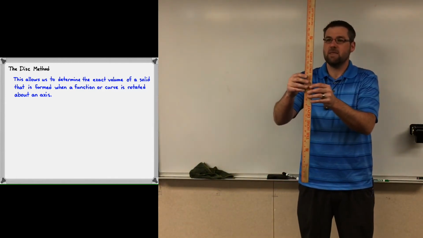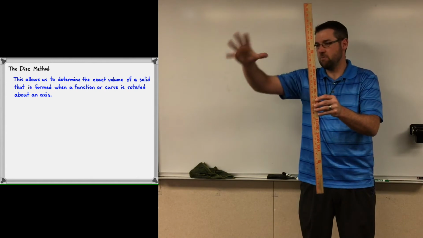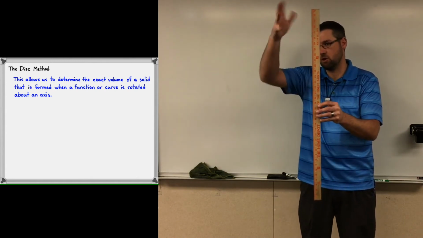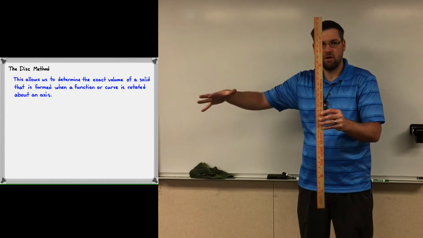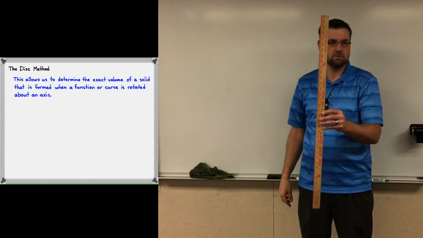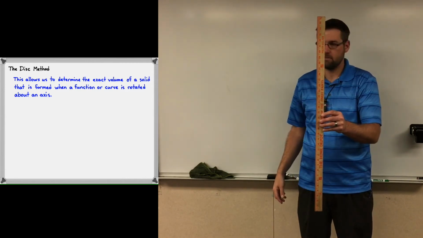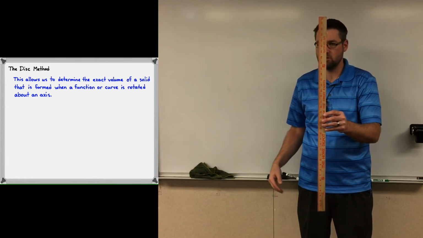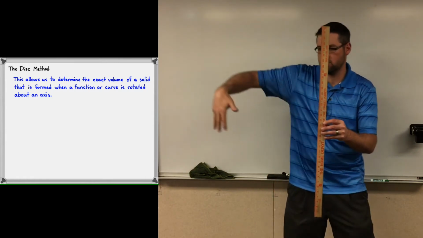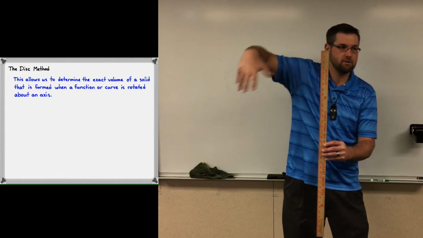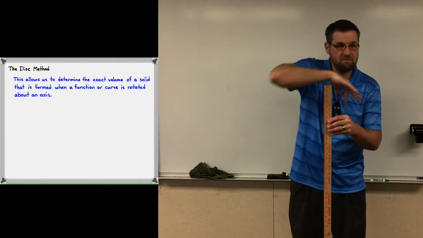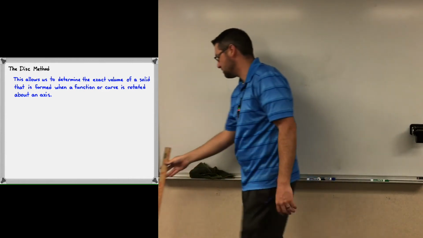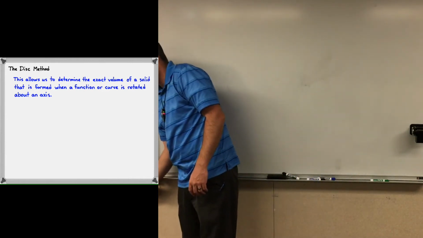And I have some shape over here, some function, some curve. And I revolve that curve around this axis. What am I going to get? What's it going to look like, though? Whatever's over here is kind of just going around it, right? Okay? So our goal is to figure out the volume of that object.